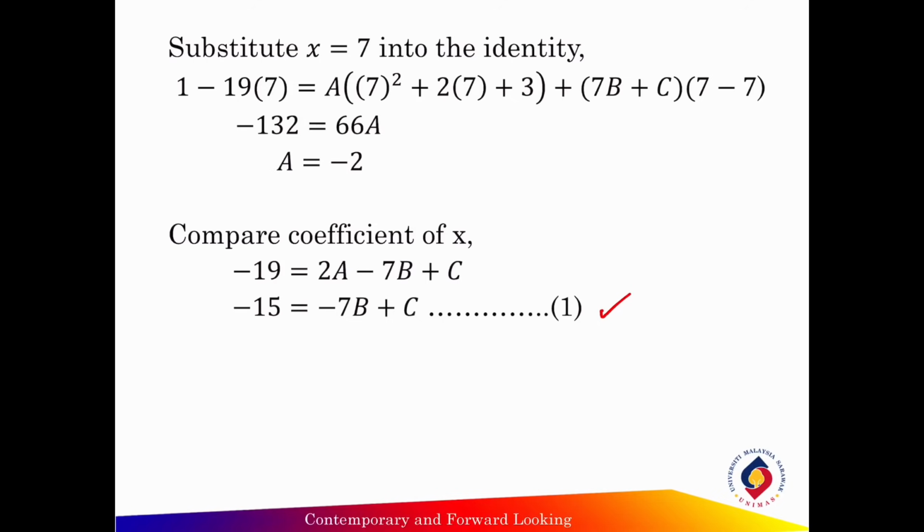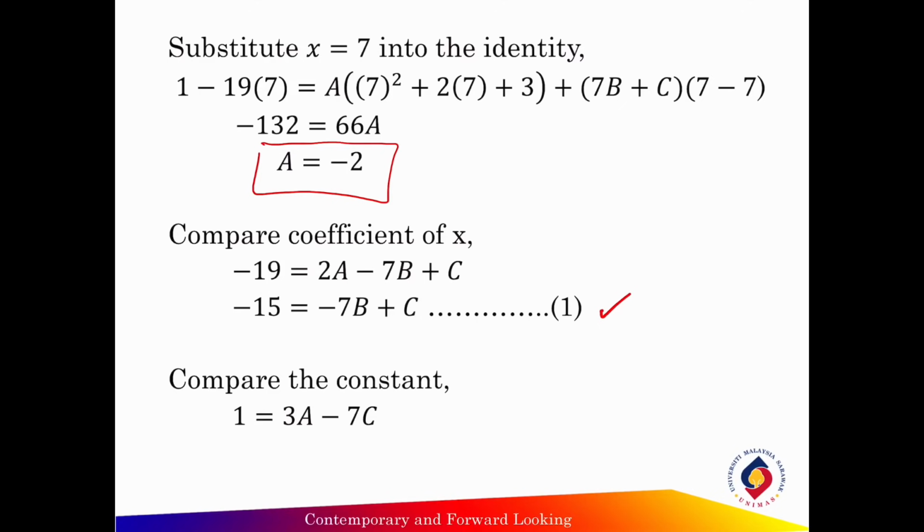Another thing that we can compare is the constant. We have 1 equals 3A - 7C, sorry. Previously, we have A equals -2, right?